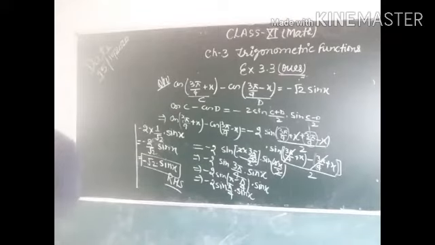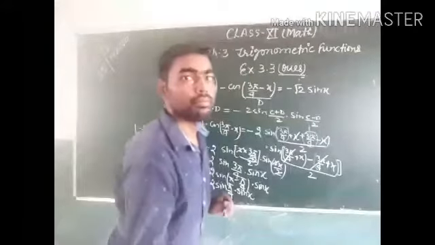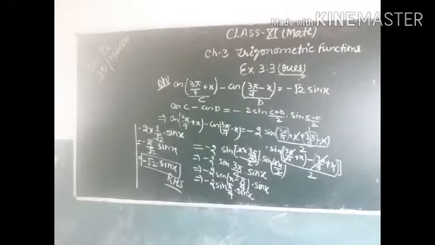Now we proceed to question number 12. Question number 12 is sin square 6x minus sin square 4x is equal to sin 2x into sin 10x.